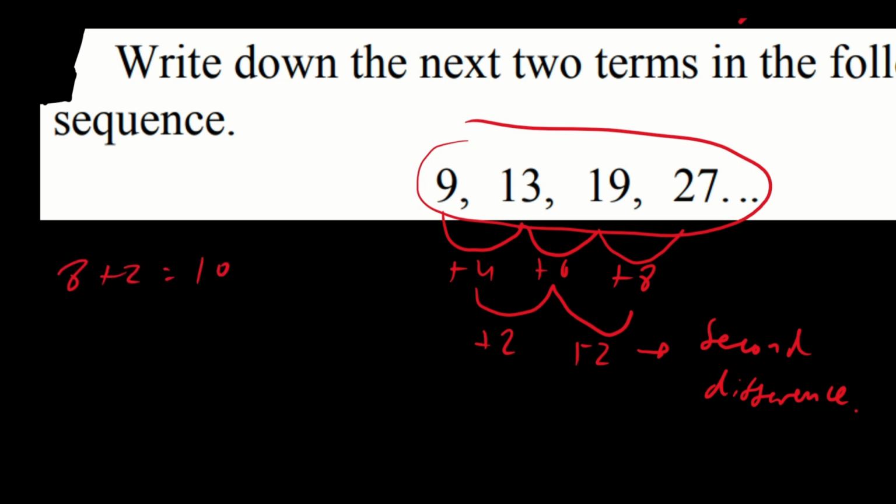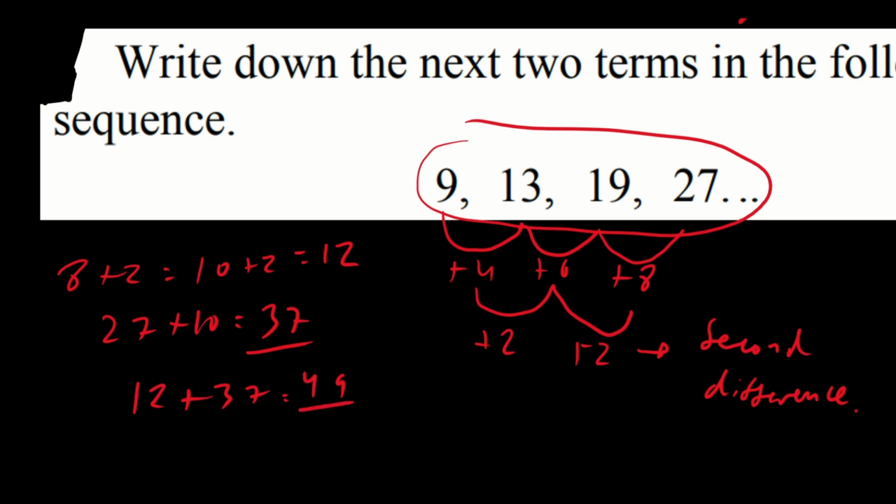Therefore, you add 10 to 27 to get 37. Then you add 2 again to 10 to get 12. Then 12 plus 37 gives you 49. So this is the answer to the question.